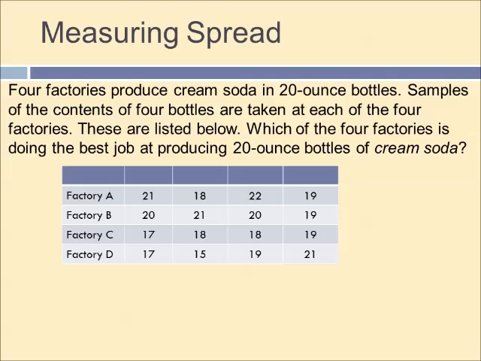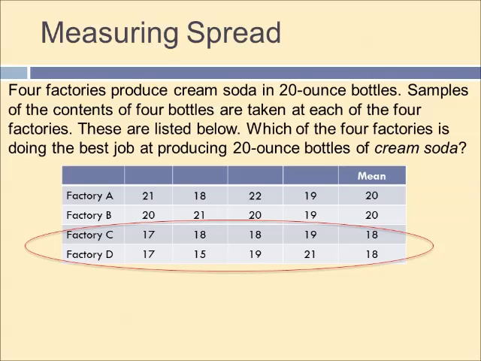Now for measuring the spread, suppose we have 4 factories producing cream soda in 20-ounce bottles. We take samples from each of the 4 factories. These are listed in the table below. Which of the 4 factories is doing the best job at producing 20-ounce bottles of cream soda? Well, if we look at the mean, we can see that factories C and D are producing below what they should.